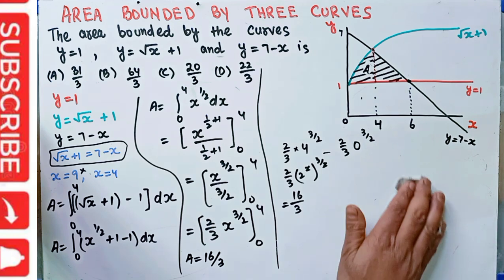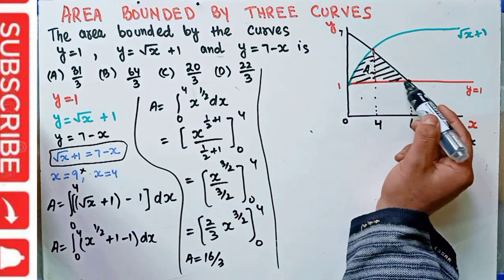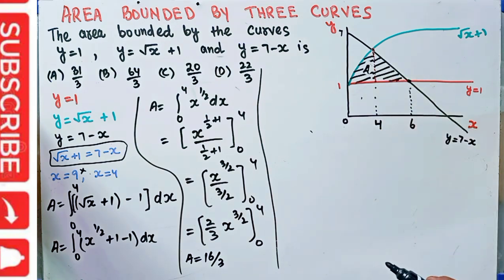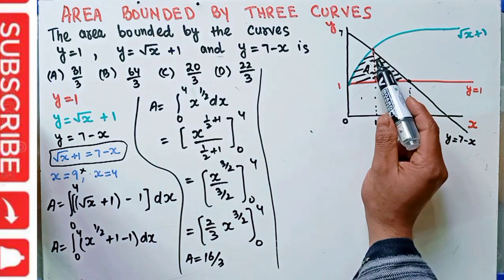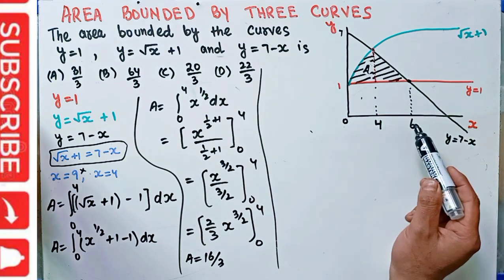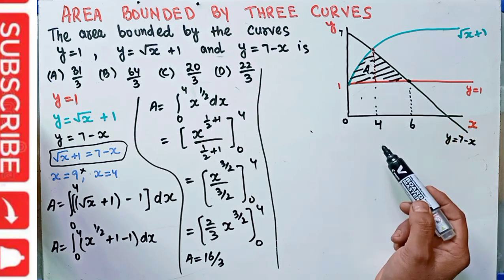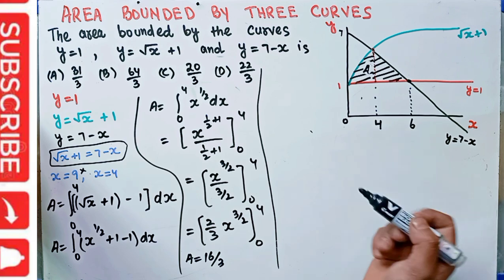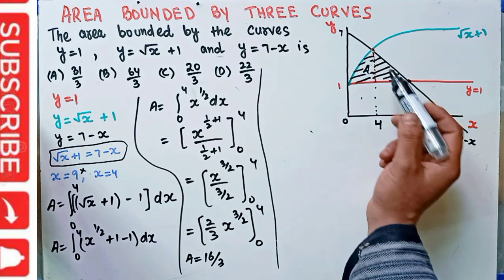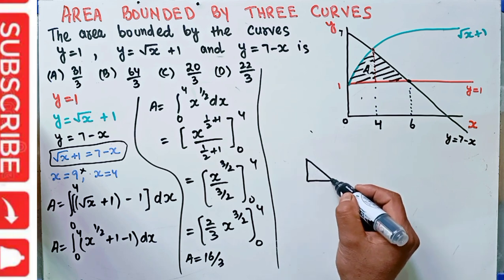Now we need to find out the area of this very region. Here also what we need to do is integrate this black function from 4 to 6, then we subtract this white region. I am interested in finding out the area of this very region.